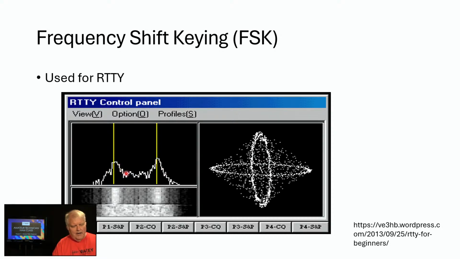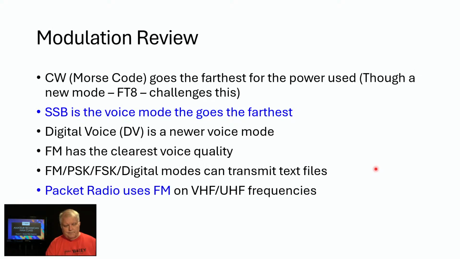These are the mark and the space tones of radio teletype. Not space out in the air, but space on a piece of paper. It goes back to the way things were first decoded. So frequency shift keying is used for radio teletype, which is something that hams still do to this day.